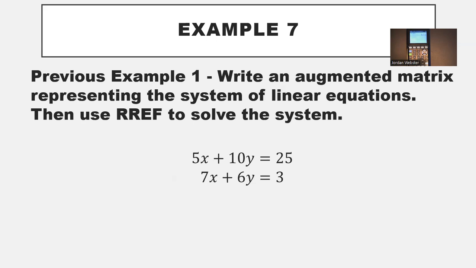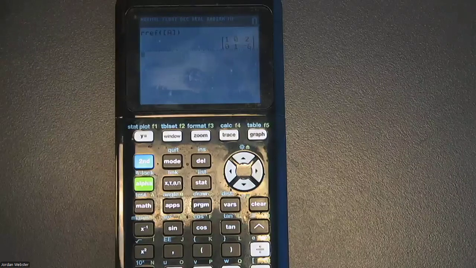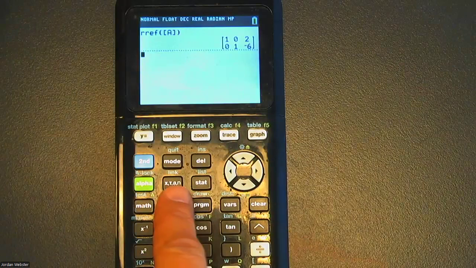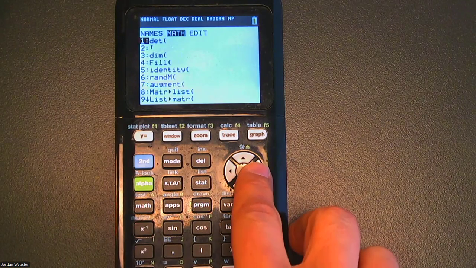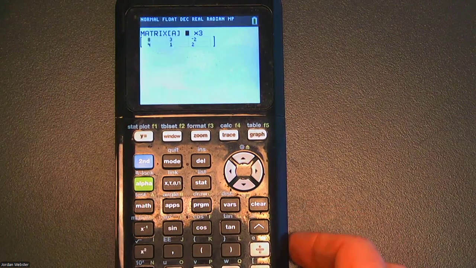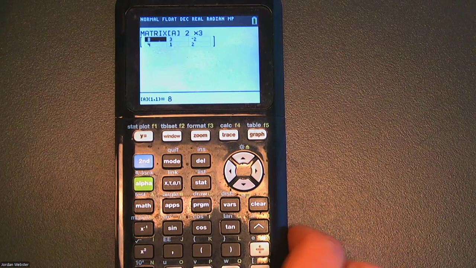If I wanted to solve this using row reduced echelon form on my calculator, all I would have to do is enter that 2x3 augmented matrix.